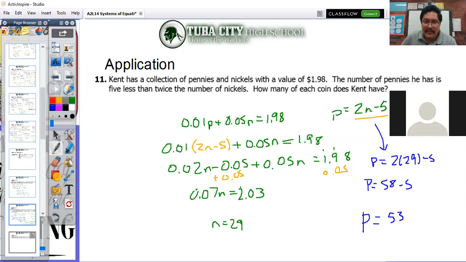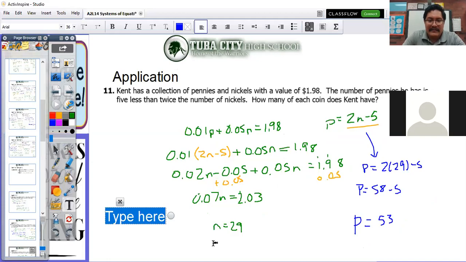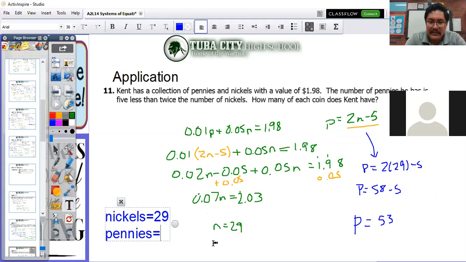So now we have them both. And one thing I should have been doing with these is writing them out. We could put something like this: nickels is 29 and pennies equals 53. Something like that would have been helpful.